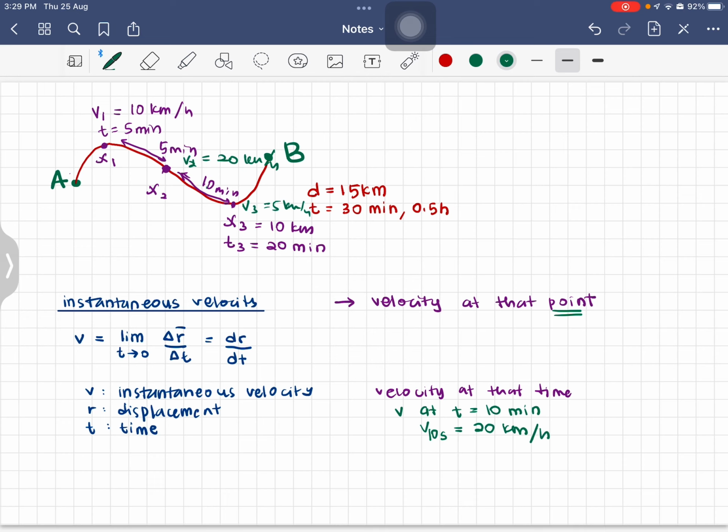Let's say I want the velocity when I am at 10 km from the starting point, which, if you look at this, I have shown, is X3. So V at X3, 10 km. I said, the instantaneous velocity at 10 km from the starting point is equal to 5 km per hour.